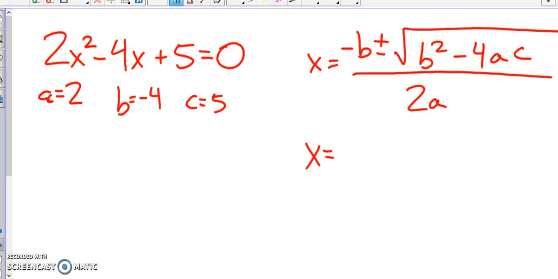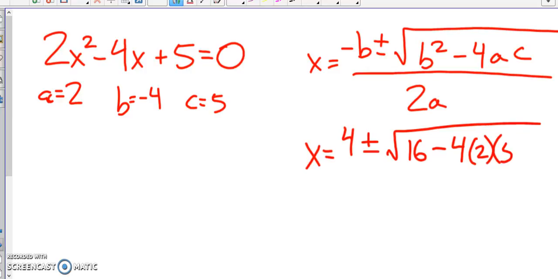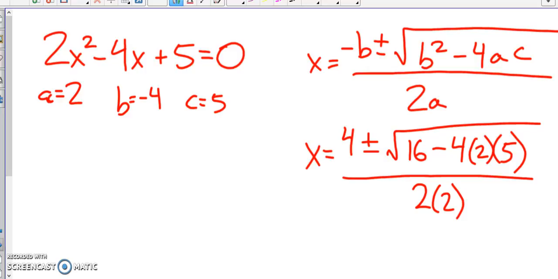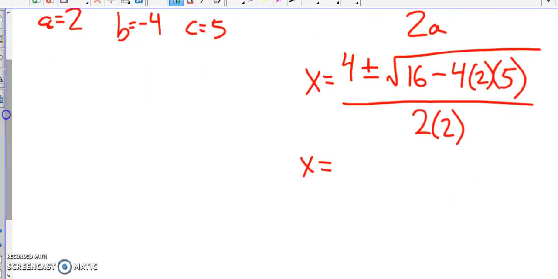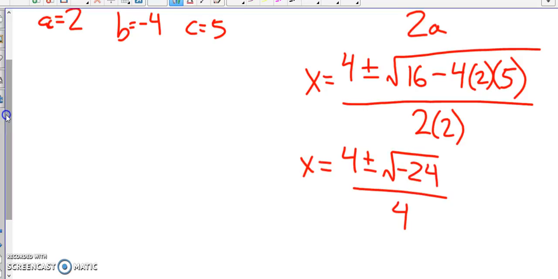So x equals 4 plus or minus the square root. B squared would be 4 squared, which is 16, minus 4 times 2 times 5, all over 2 times 2. Okay, so 16, 4 times 2 times 5 is 40. 16 minus 40 is negative 24. So this is x equals 4 plus or minus the square root of negative 24 over 4.